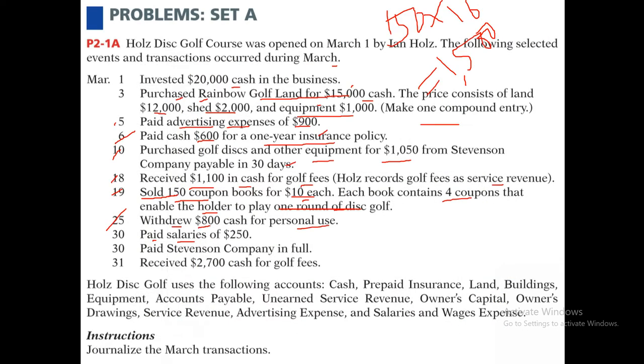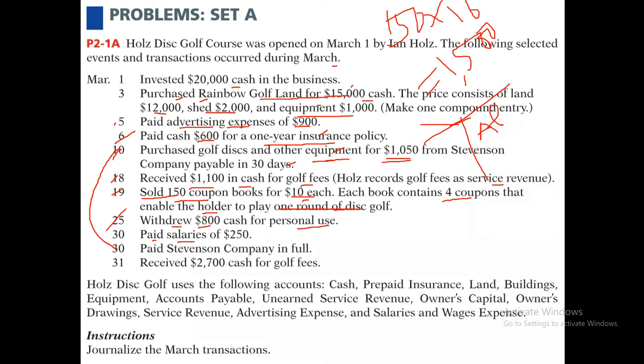These figures. And now paid Stephen Company in full. You know that this is the Stephen Company transaction from March 10, so in full means 1,050. When we purchased this equipment, at that time equipment was debit and accounts payable credit.